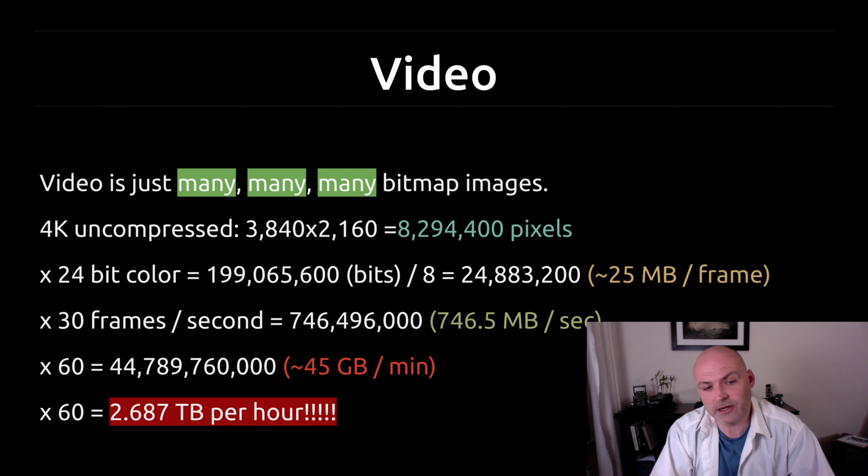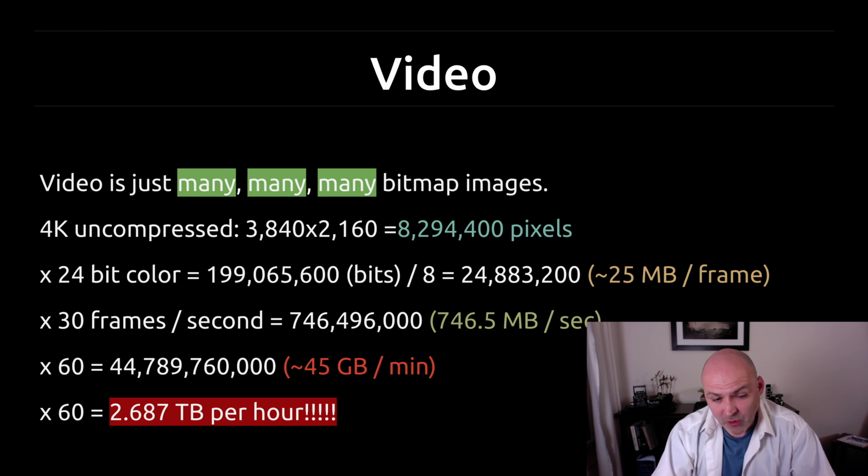So if we multiply our last number by 30, for every second of video, we're looking at 746.5 megabytes. That is 3/4 of a gigabyte per second of 4K video. Now, if you take that and multiply that out by 60, that means that per minute, we're at 45 gigabytes per minute, just for 1 minute of uncompressed 4K video.